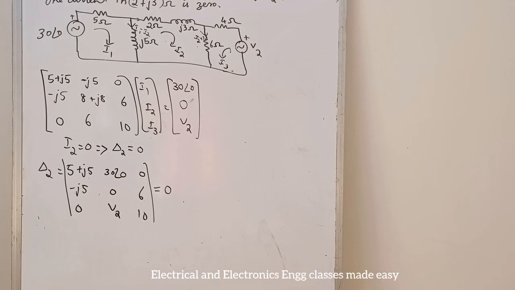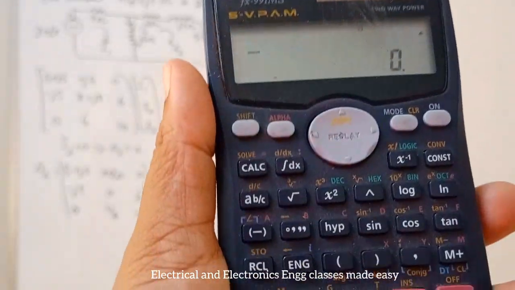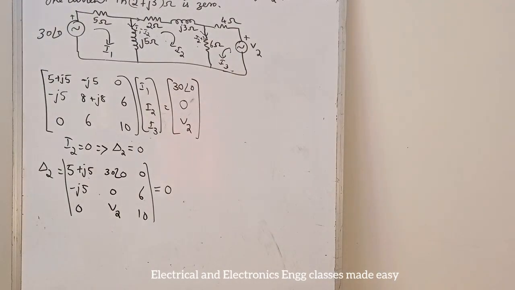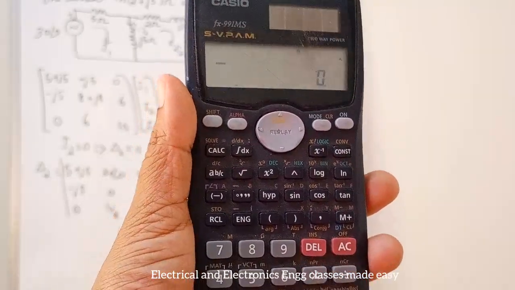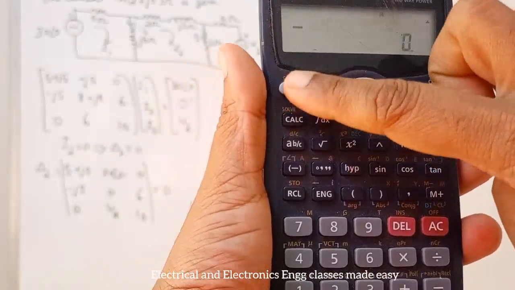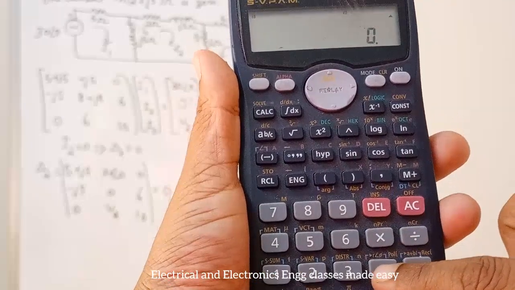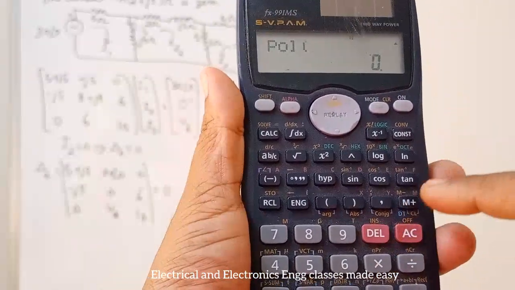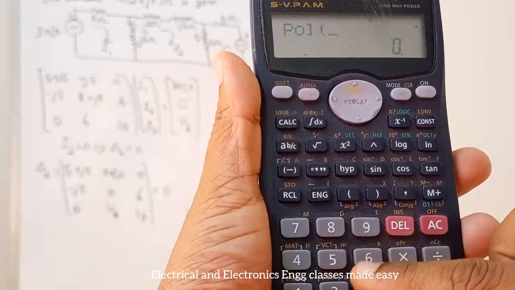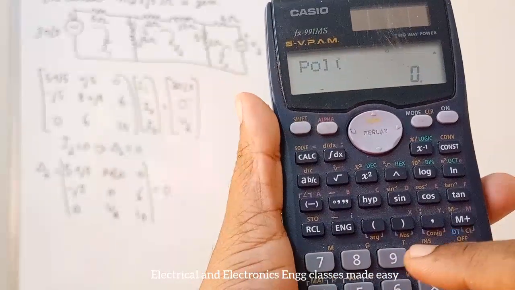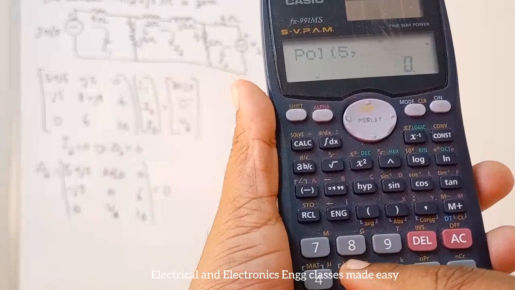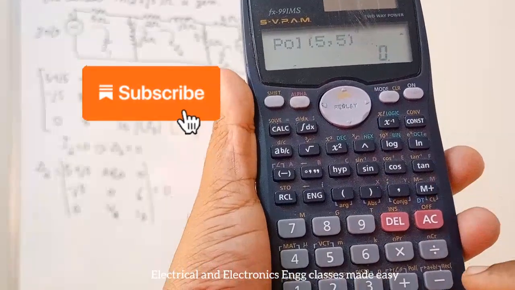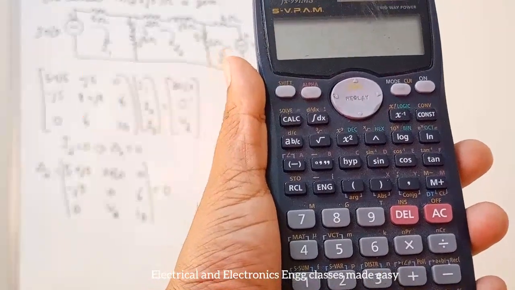To convert this rectangular form into polar form, let us use a calculator. So this is 5 plus j5. In the 991 MS calculator, press shift, polar of. We have to convert 5 plus j5, so 5, comma, 5, bracket, then equal to.